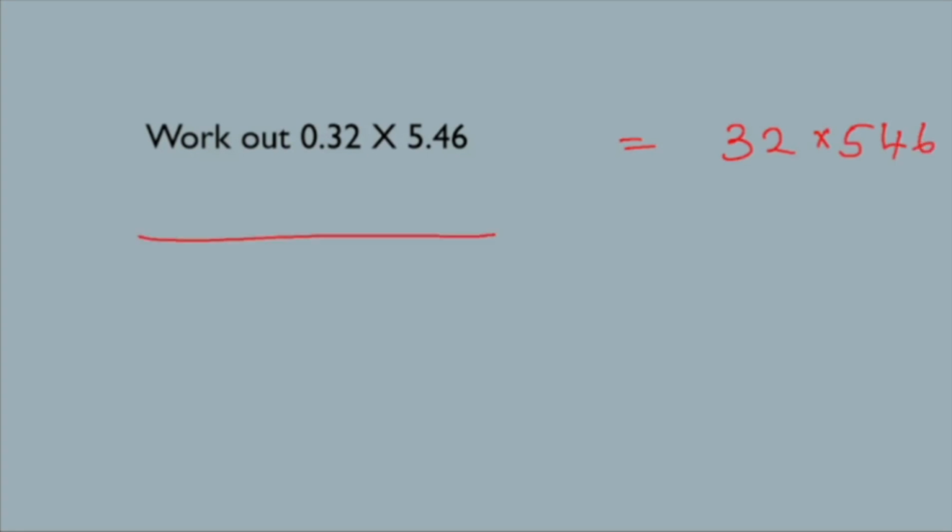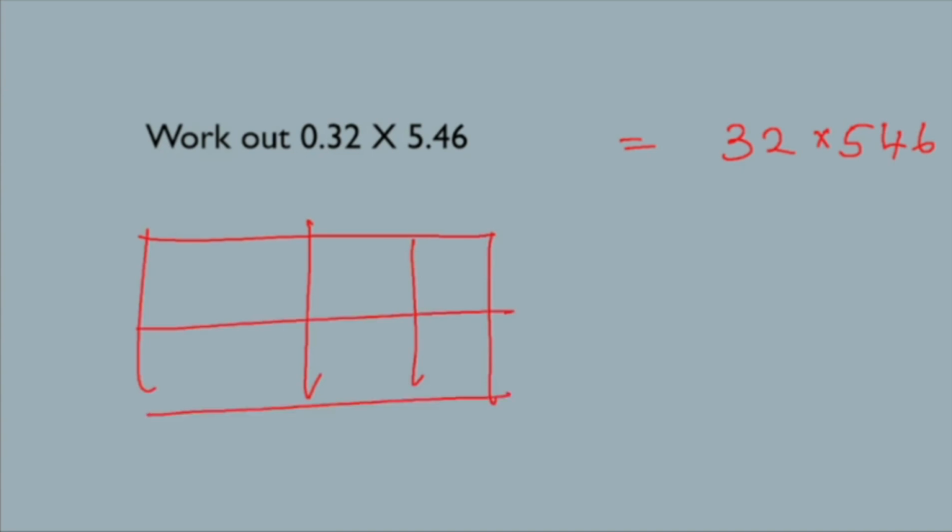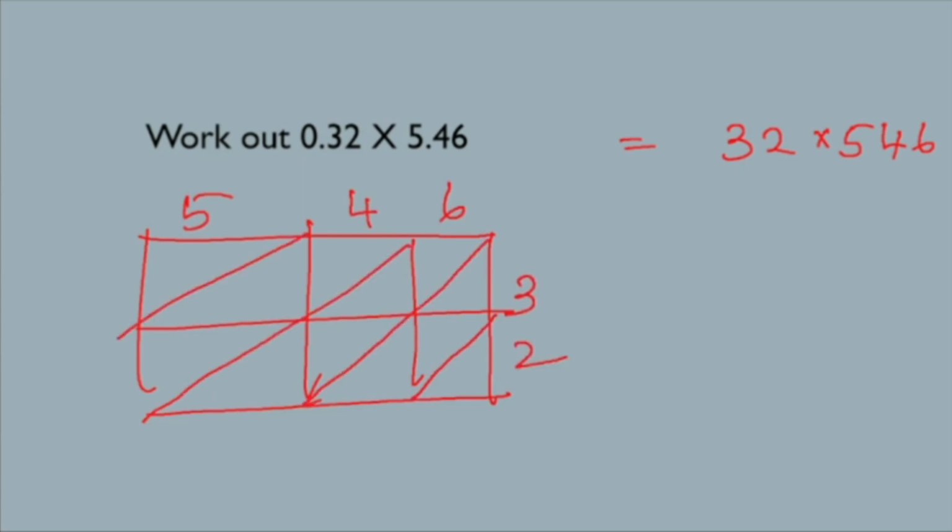You can draw the structure, 546, 3 columns and 2 rows. 546 by 32. 2 times 6, 12. 2 times 4, 8. 2 times 5, 10. 3 times 6, 18. 3 times 4, 12. 3 times 5, 15.